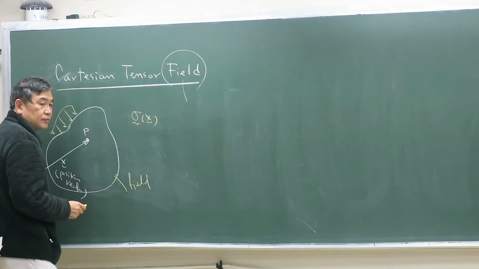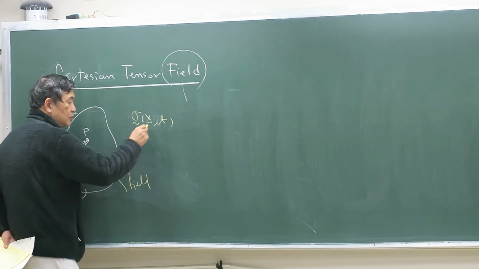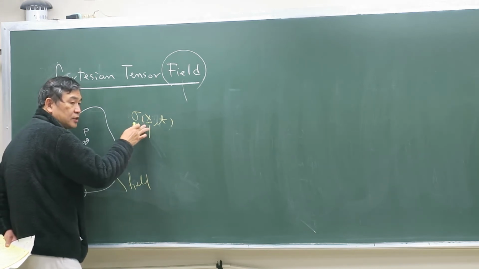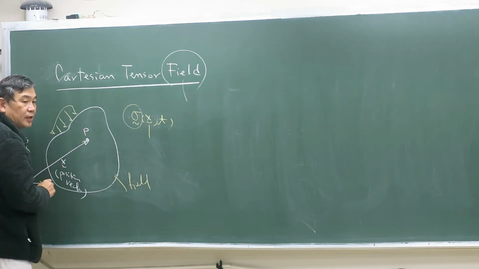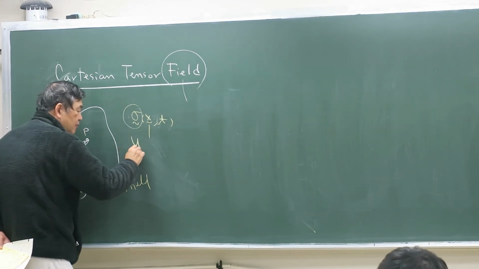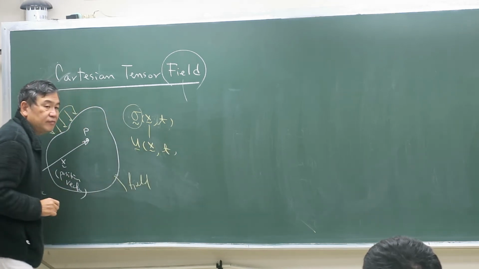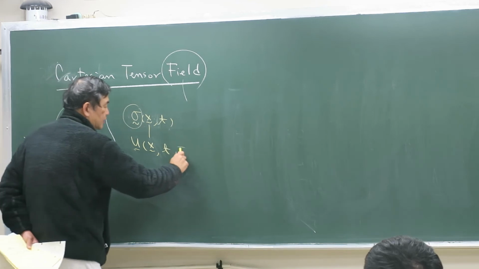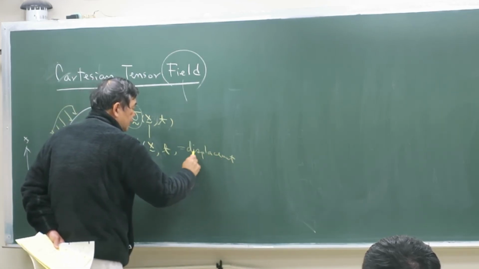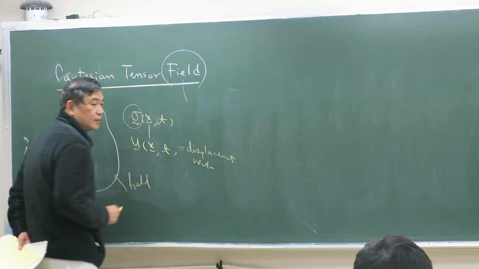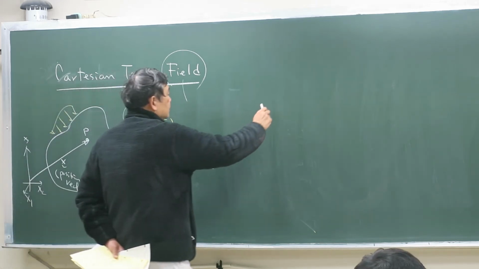Okay, so we have a stress field. Okay, maybe with time, at this position, at this time, we have a stress at this point. Maybe we have a displacement at this point, at this time, a displacement vector, right? Because this is at time t.